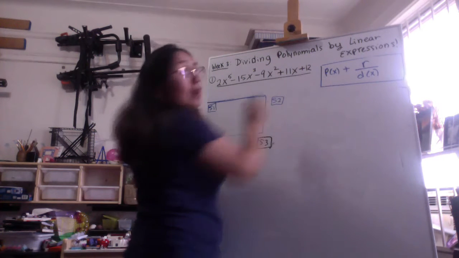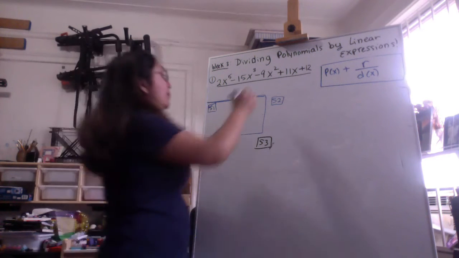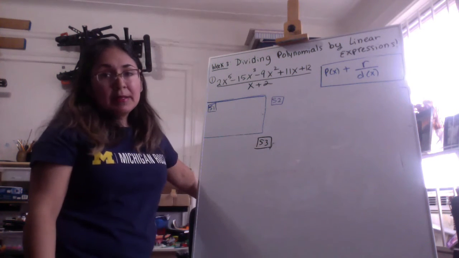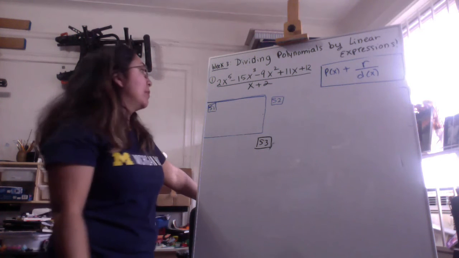And we are going to divide it by also x plus 2. It could be -5, it could be +3, -1, +10, it could be any number. In this case, it also happens to be x plus 2.